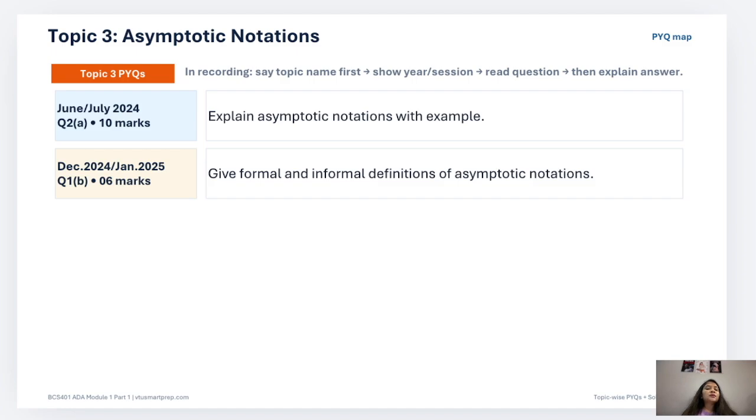In June, July 24, the question was asked like this: explain asymptotic notation with example. This was asked for 10 marks. And in December 2024-25, the question was: give formal and informal definition of asymptotic notation, which was asked for 6. Okay, so you must prepare big O, omega and theta, both formally and informally.